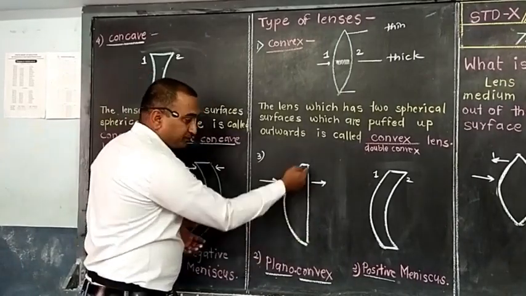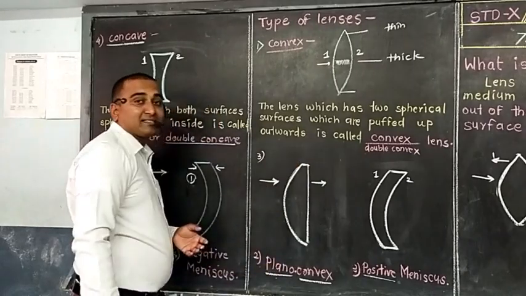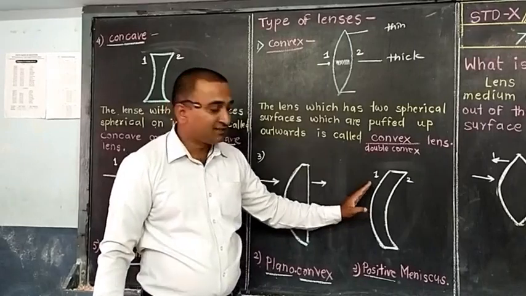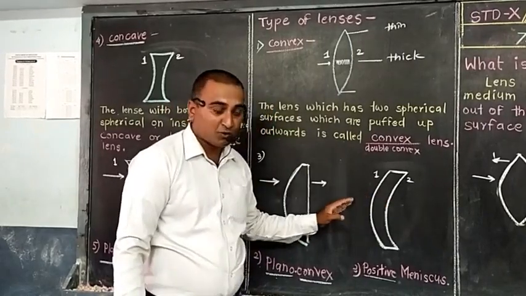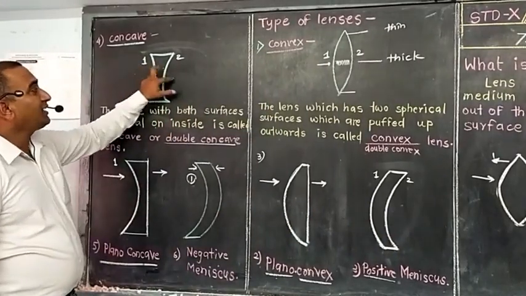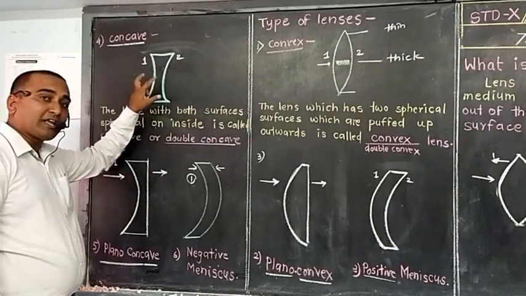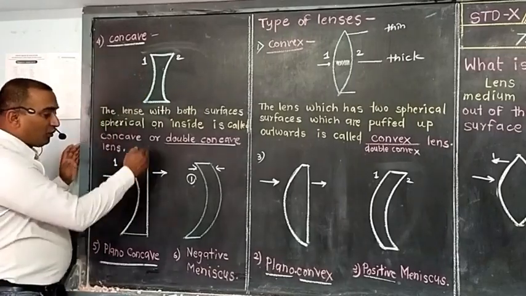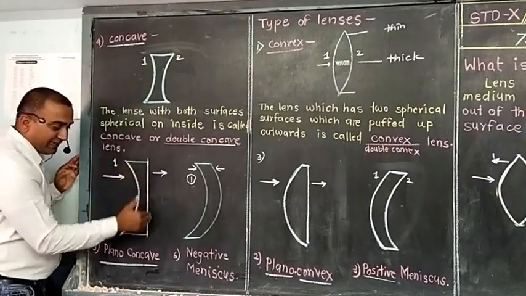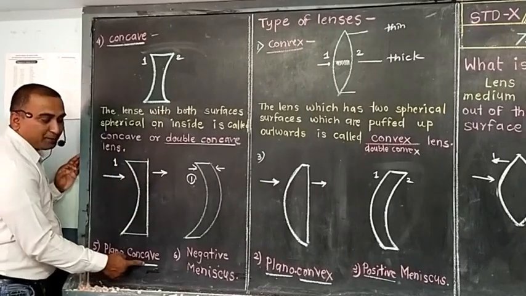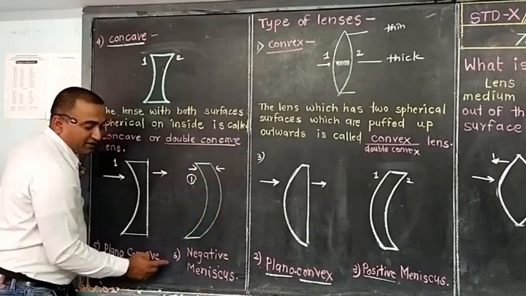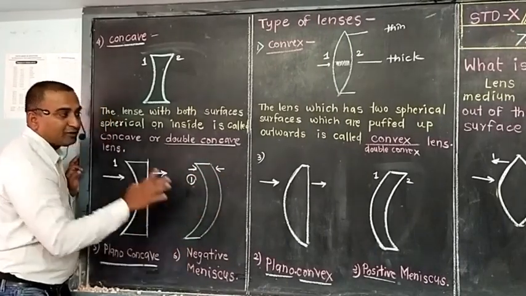One is plane, one is convex, so it is called plano-convex. First is convex, second is concave, so positive meniscus. When both are concave, it is double concave. One is plane, first is concave, second is plane, plano-concave. First is concave and second is convex, that is called a negative meniscus.